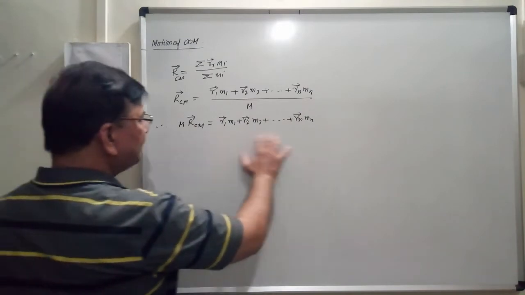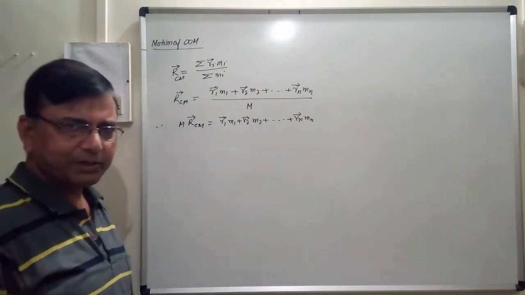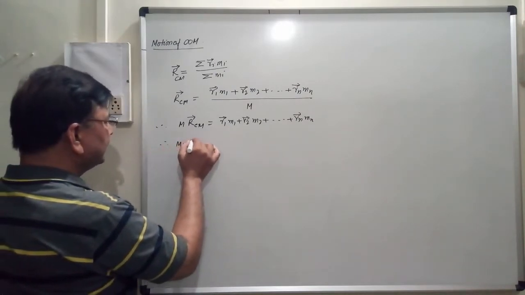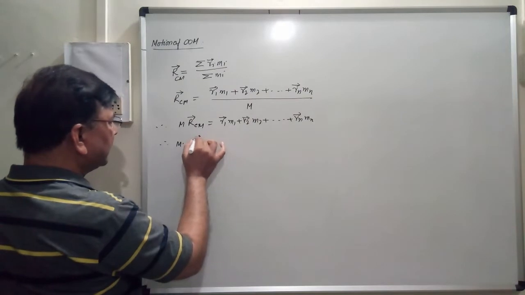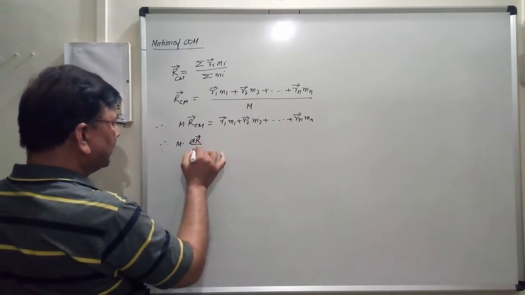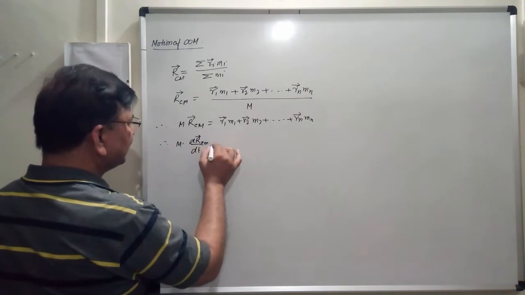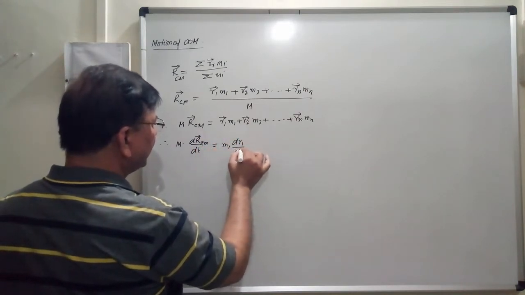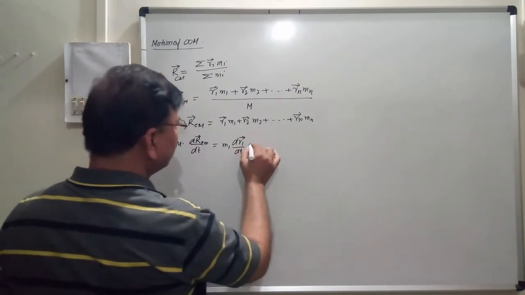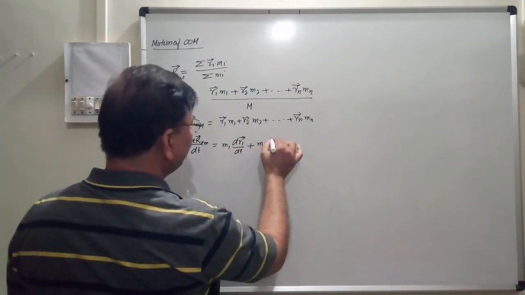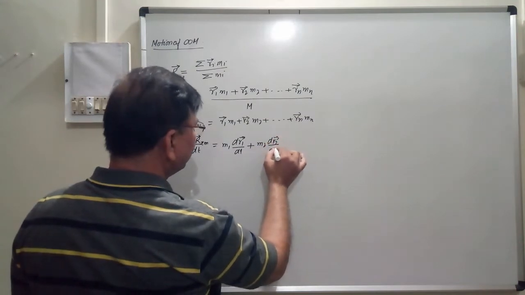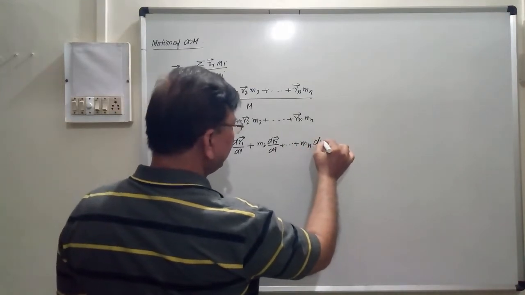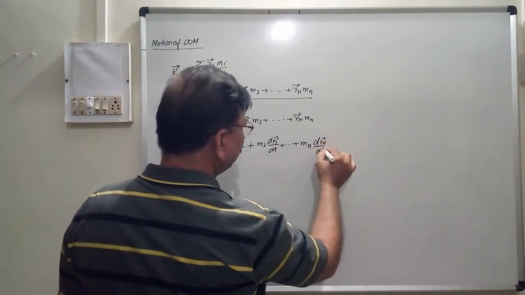Now, if we differentiate this with respect to time, we will write therefore M dR upon dt, of course of center of mass, that is equal to M1 dR1 upon dt, it is a vector, plus M2 dR2 upon dt plus like this, that is Mn dRn upon dt.